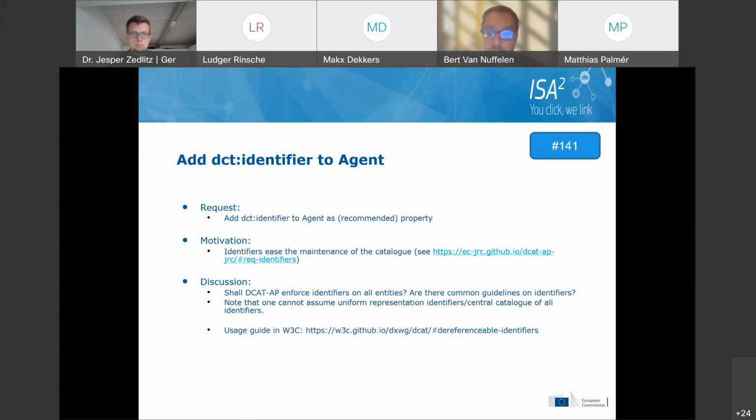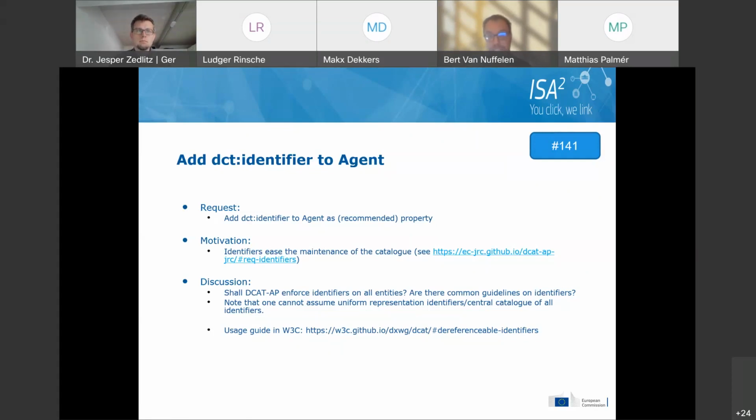Then here we have topic 141, and I will come back to this topic after the next slide as well, and then we can concretely vote on it. In the sense that it has been requested to add a DCT identifier to agent. This was motivated to ease the maintenance of the catalog with regard to agents.